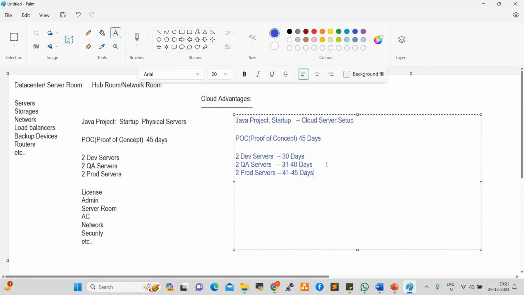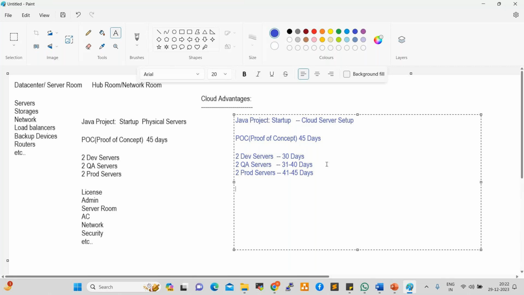So whenever we need any servers, we can create them within a minute, right? In a cloud environment, we can create servers immediately. One server or 100 servers or 1000 servers, we can create within 1 minute. So there is no need to create all the servers at a time. We can create servers whenever we need them, because these are on-demand servers, right?